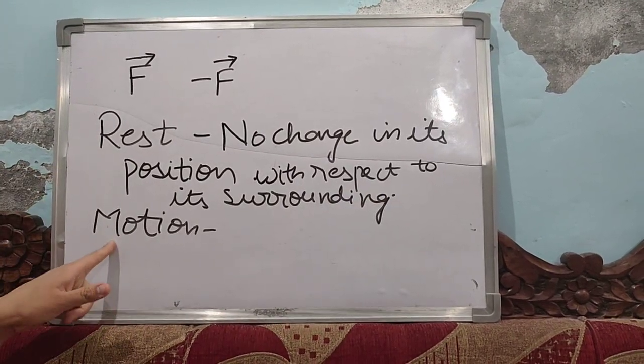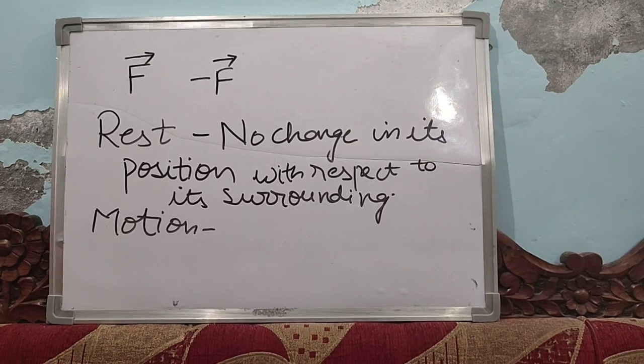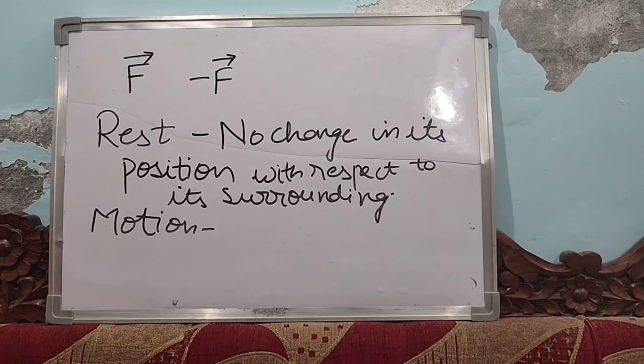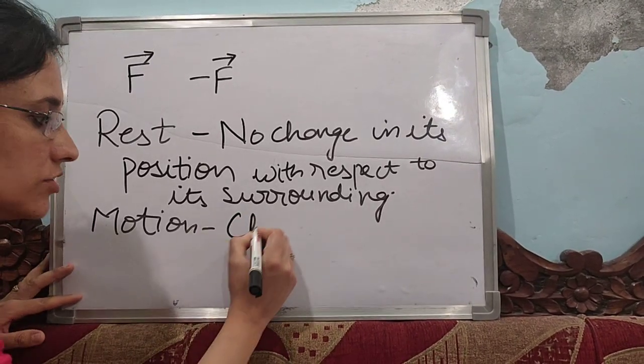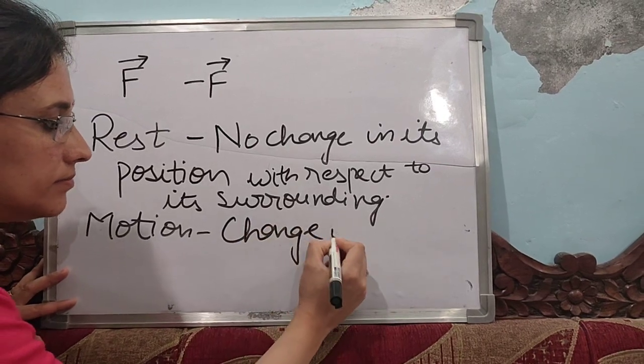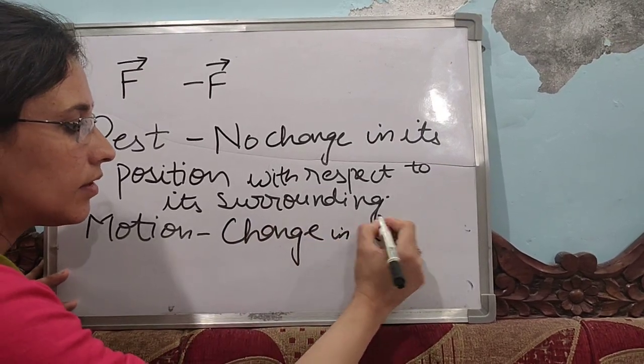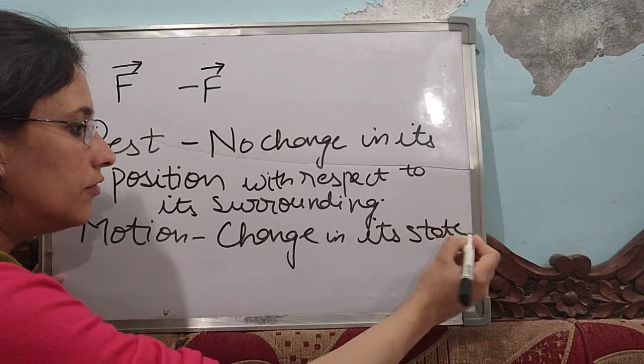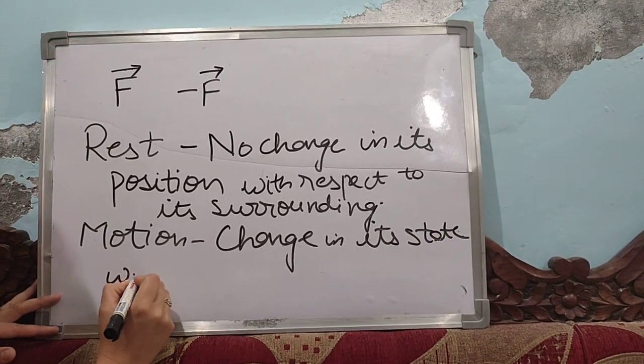Now, what do you mean by motion? A body is said to be in a state of motion when there is change in its state with respect to its surrounding.